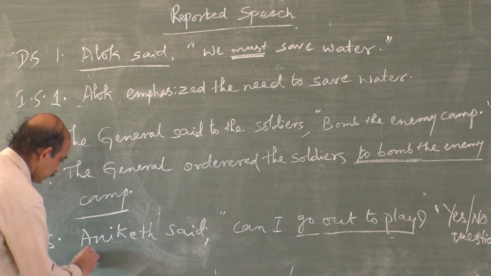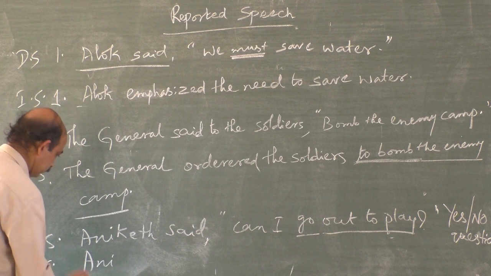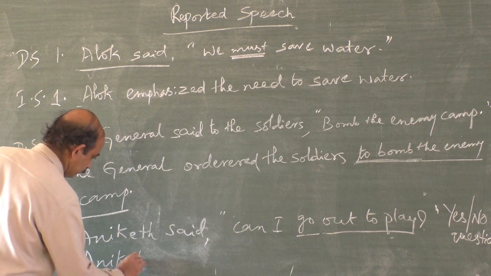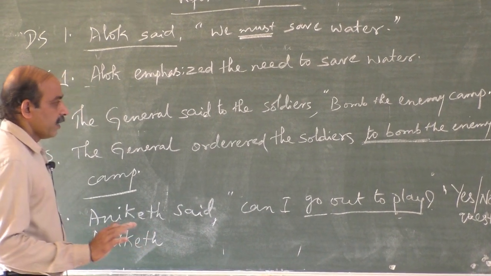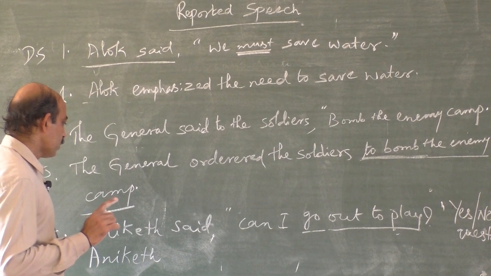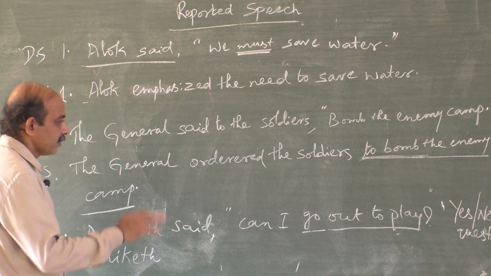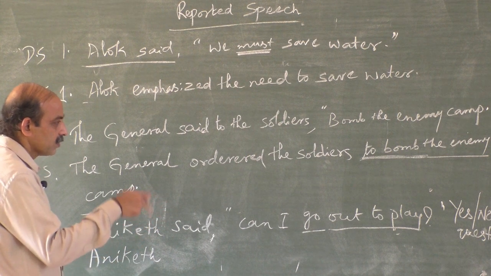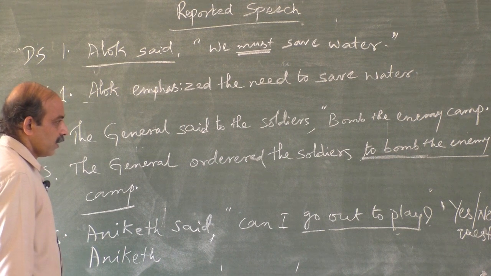Now, Aniket said, "Can I go out to play?" It is a yes or no question. And remember, you can't write "said" there, because "Can I go out to play" is a question which requires permission.